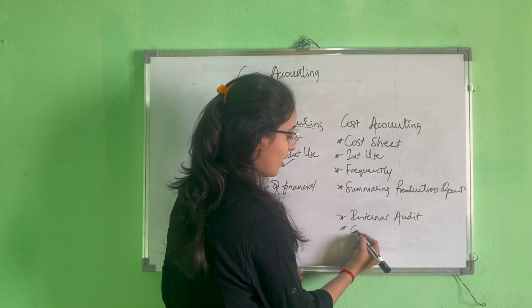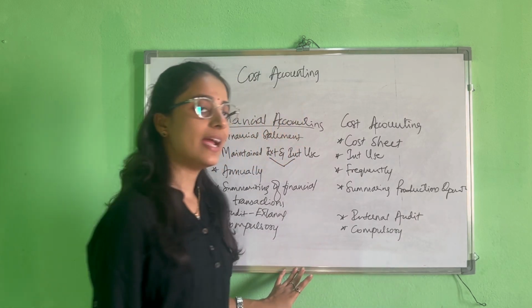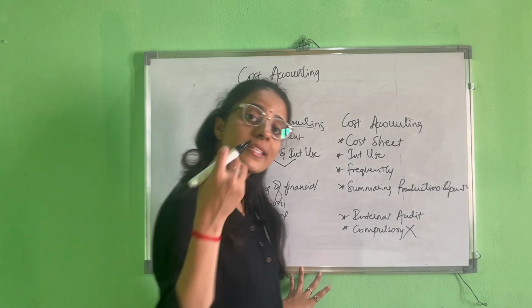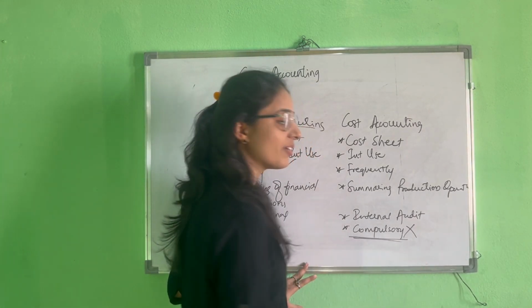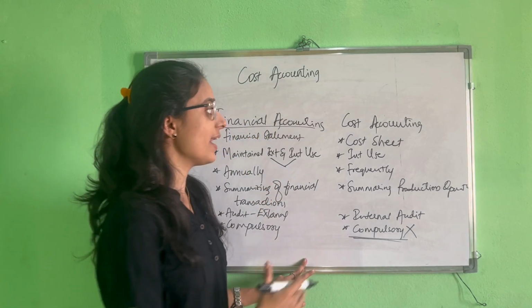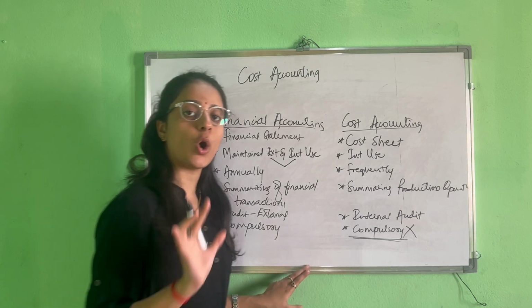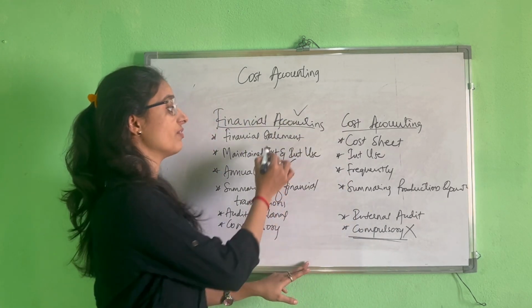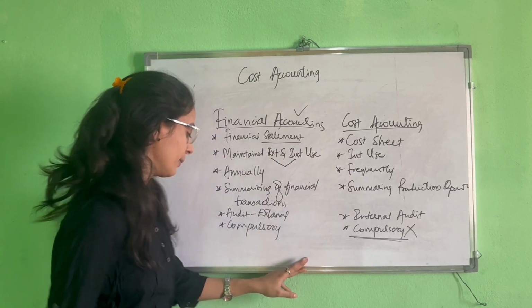Cost accounting is not compulsory. It is something which businesses prepare themselves to understand the different cost processes. So cost accounting is not compulsory to record and maintain, whereas financial statements we have to compulsorily prepare.